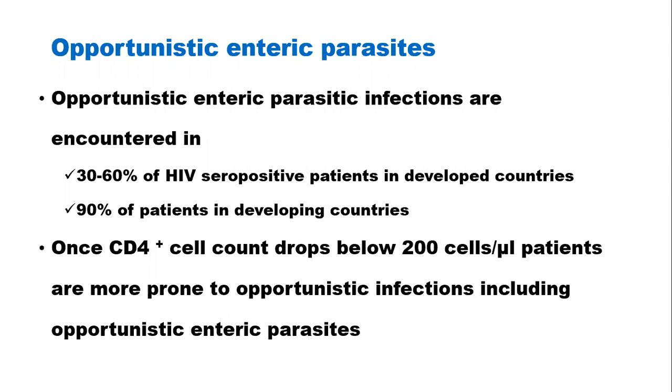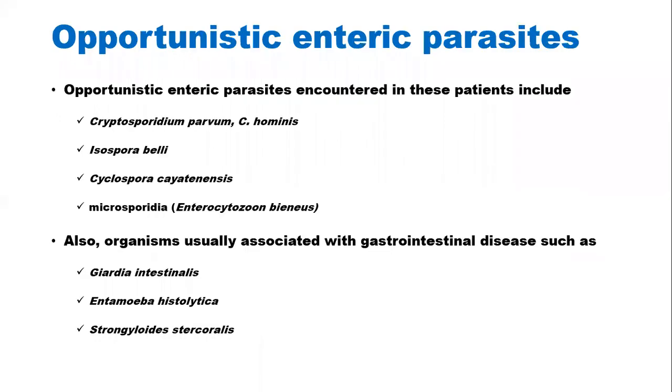Now, the major predisposing factor to opportunistic enteric parasites is the CD4 count. When this count falls below 200 cells per microliter, patients are more susceptible to opportunistic infections, including enteric parasites.